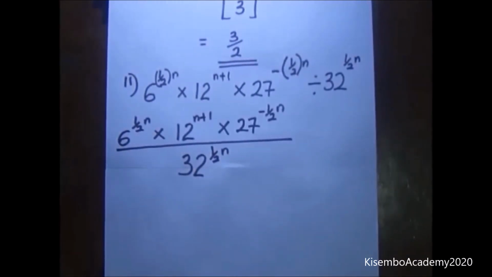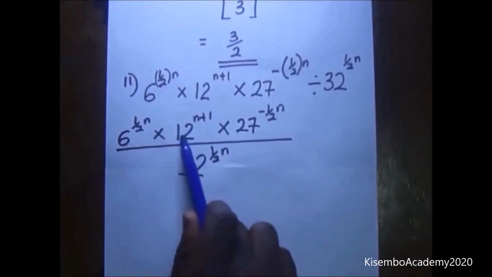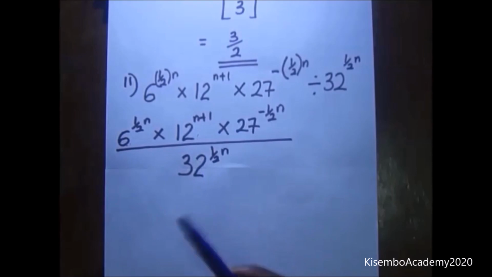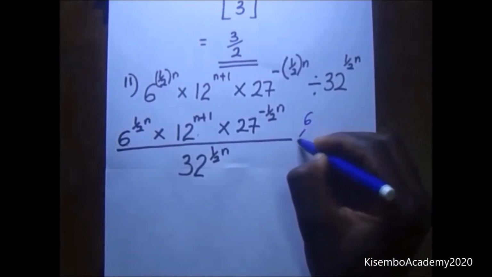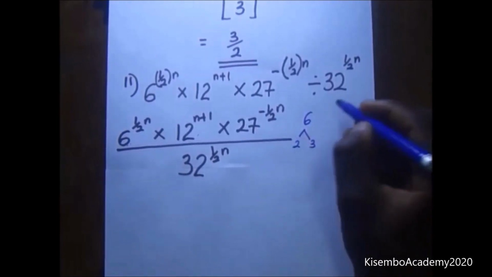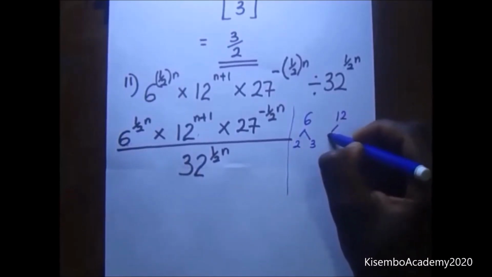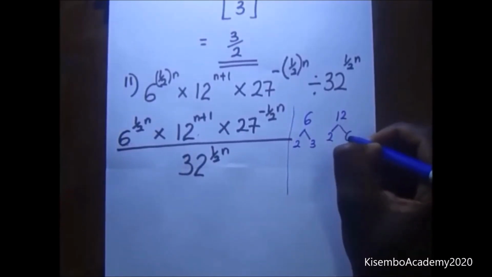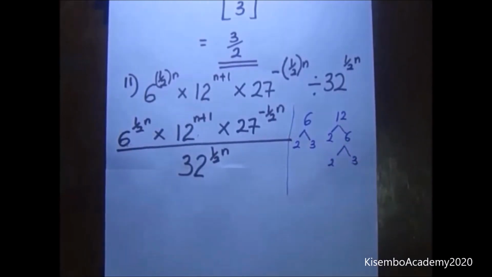After breaking it down like that, now we find the prime factors. We prime factorize these digits because they are big, and we obtain small digits. So for 6, it's by 2, we get 3. That is 6. This is side work, right? So 12 by 2, we have 6. By 2, we have 3. That is 12.